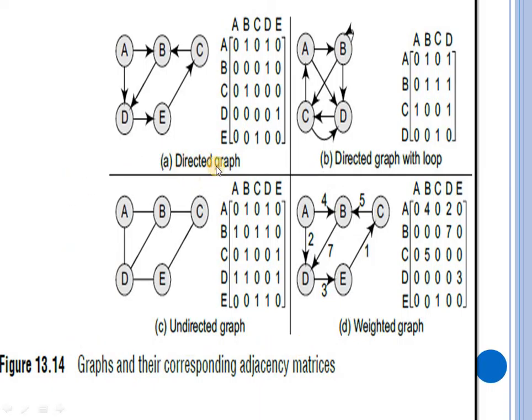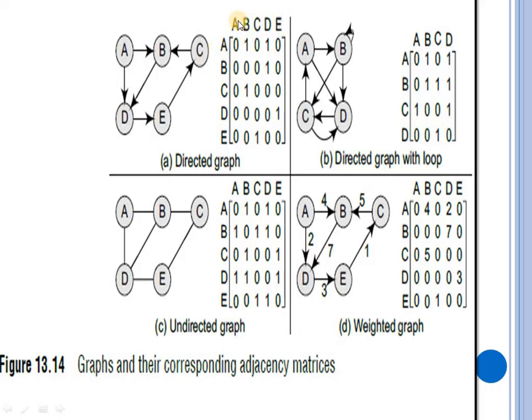Here is a directed graph. Here we have an A to B edge, but B to A is not present. These are the vertices; the rows represent the initiating vertex and the columns represent the terminating vertex.